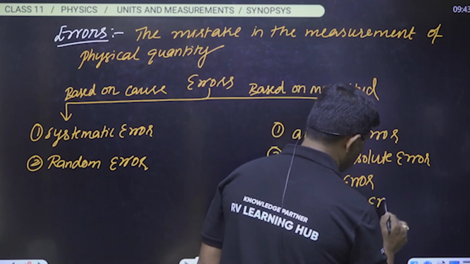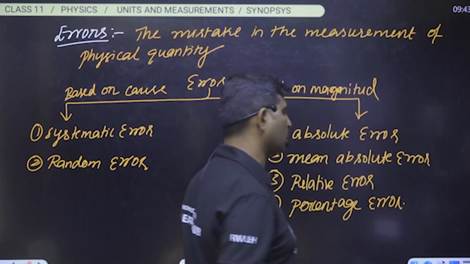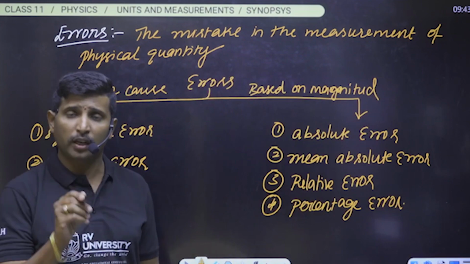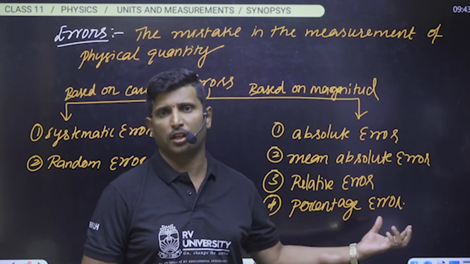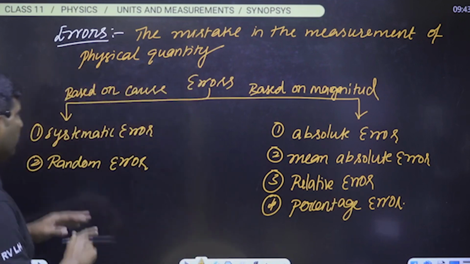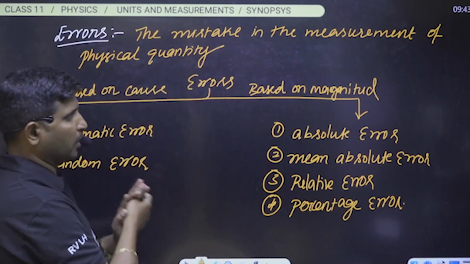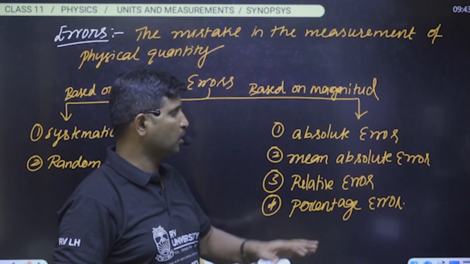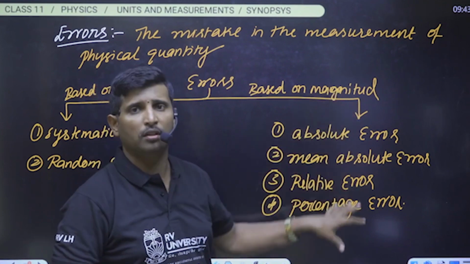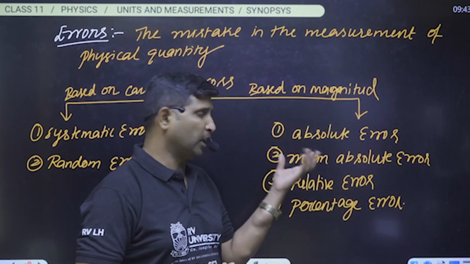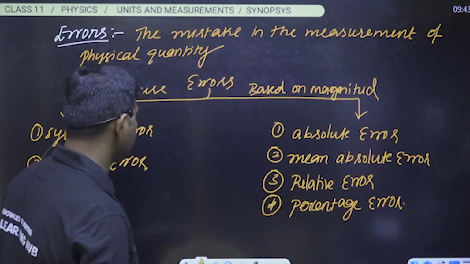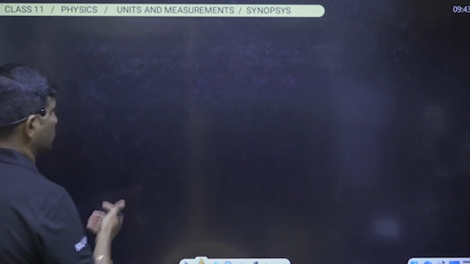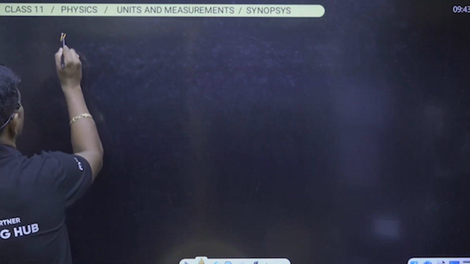That means the relative error expressed in percentage is called percentage error. Based on these types of errors, we can expect problems maximum to maximum. So in finding the absolute error, mean absolute error, relative error, and percentage error, we can expect more questions. Let us see that one by one.